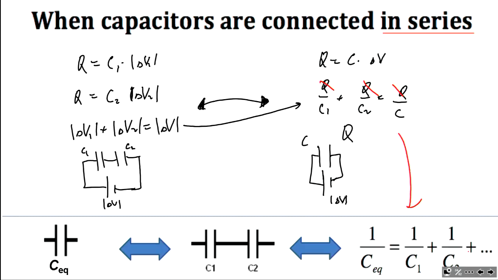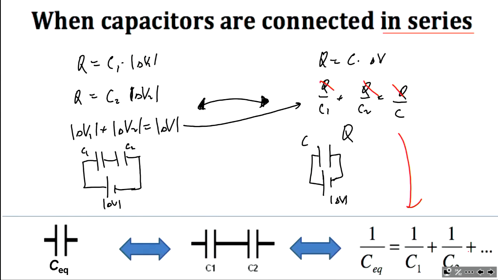And this gives us an equation for the equivalent capacitance of a capacitor which is equivalent to several capacitors connected in series. It doesn't matter how many, 2, 5, as long as they are connected in series, we can always replace all of those capacitors with a single one.